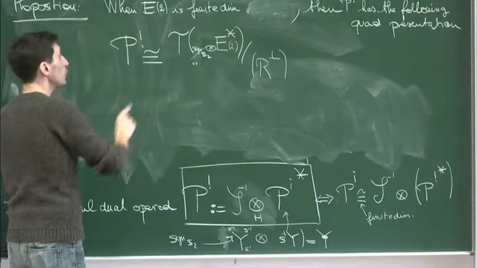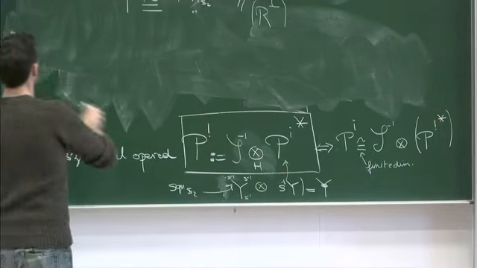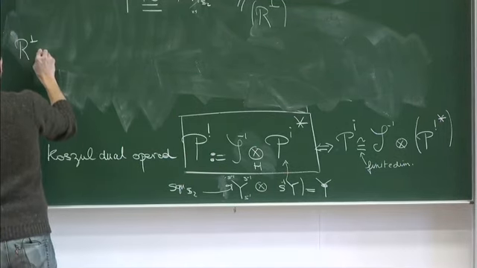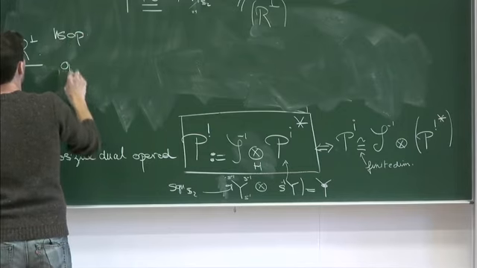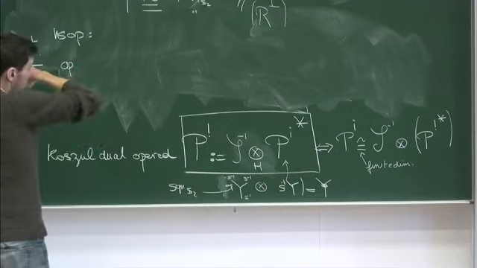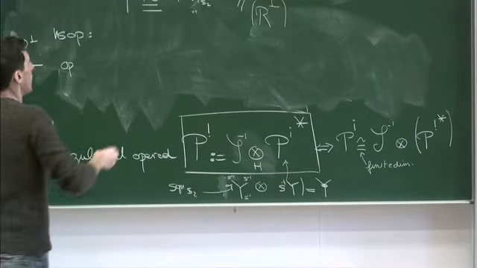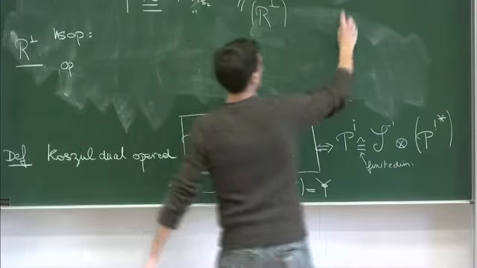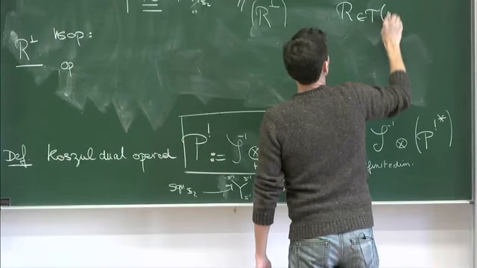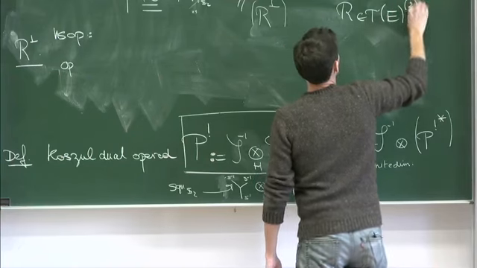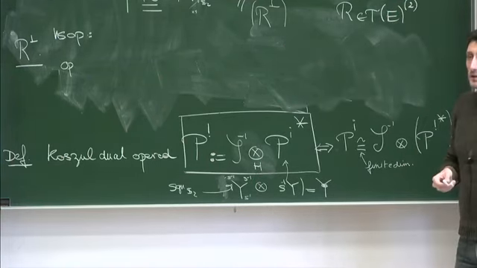Okay. Now, how do you compute R orthogonal? So where is R living? R lives in the quadratic part of the free operad on E, right?